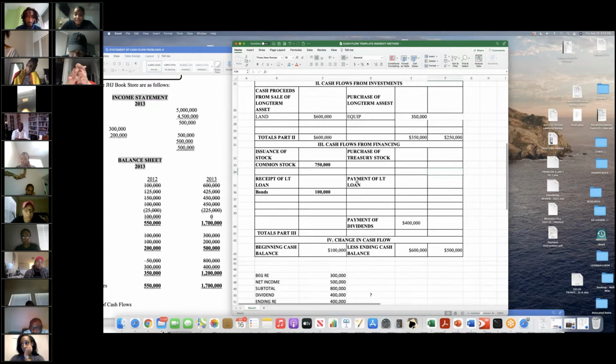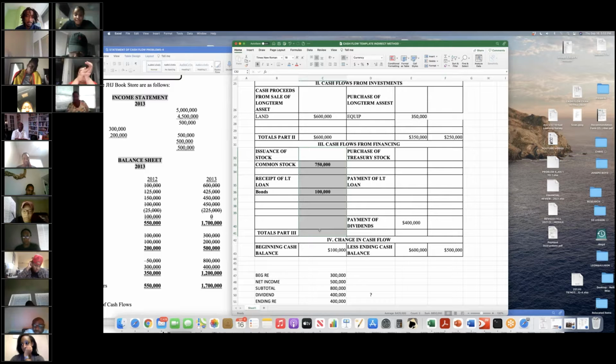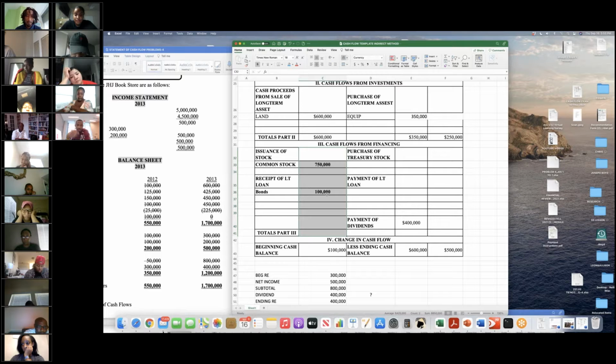Okay, and then finally we do the bottom part, which was 150,000 in sources and 400,000. How much common stock did we get? 750,000. Plus the bonds. 100,000 in bonds. So how much is that going to be? 850,000.